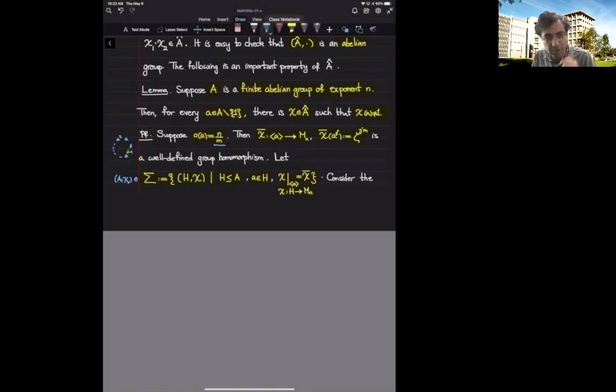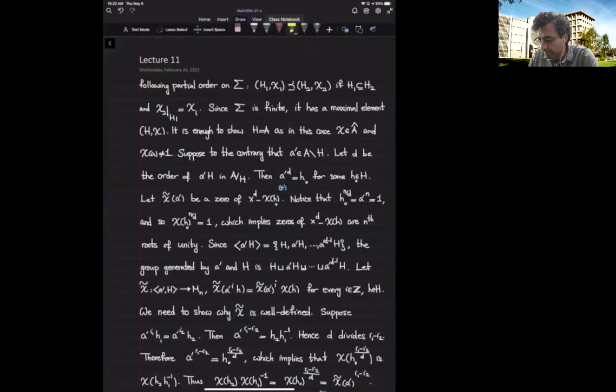As you can see, this is the largest possible element inside sigma. So I'm talking about largeness, so I need a kind of partial ordering on sigma. What is the partial ordering on sigma? I need to compare two elements of sigma. I need to say h1 comma chi1 is at most h2 comma chi2 if the first component is a subgroup of the second component, and second, chi2 restricted to the first subgroup is the same as chi1.